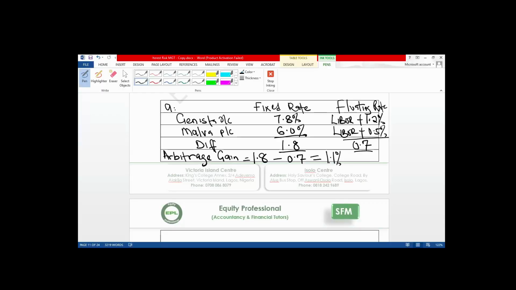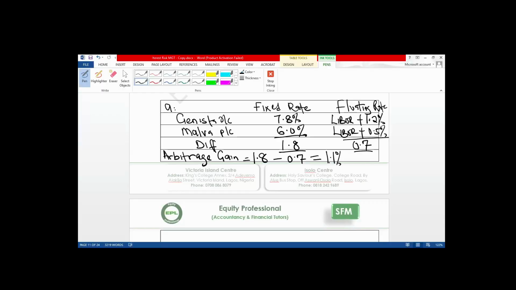Now, in this case, we can share equally, unlike the first question. But here we cannot share equally. Each of the parties has specified the condition for going into swap.